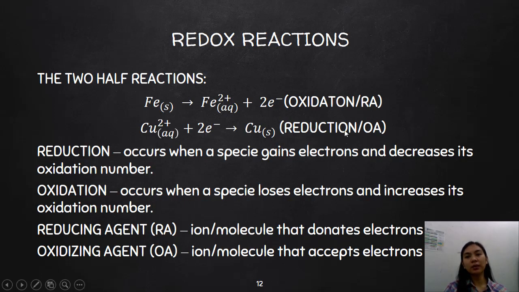The one that underwent the reduction is your oxidizing agent, since it is the one that caused the other ion or molecule to be oxidized. So it is like a partner: if oxidation happened in that equation, it is the reducing agent. And if reduction happened there, it means it is the oxidizing agent. So this is just a recall. You should already have a good background on redox reactions.